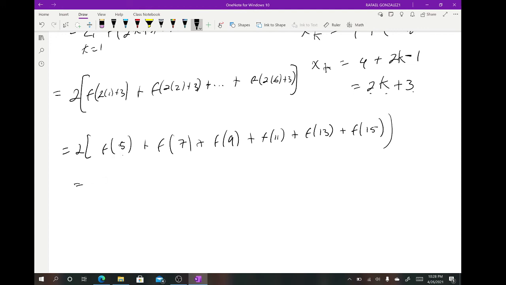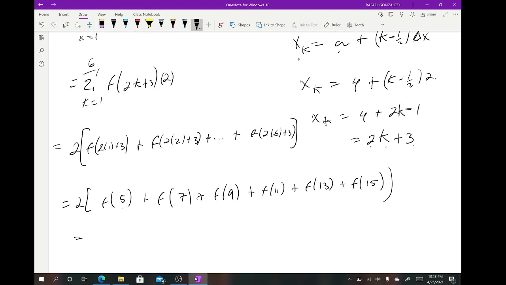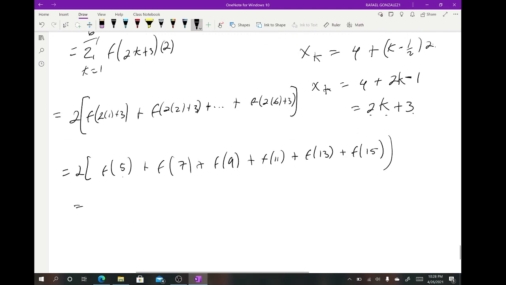Notice that 5 is between 4 and 6, 7 is between 6 and 8, and so on. Like if you didn't know this equation right here, how do you figure this out? Well, for x1, x1 is the left side plus the right side divided by 2.